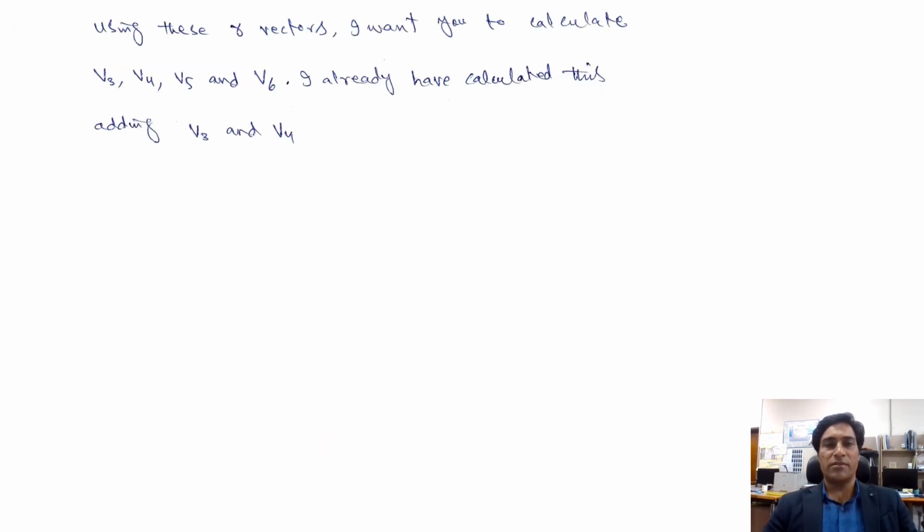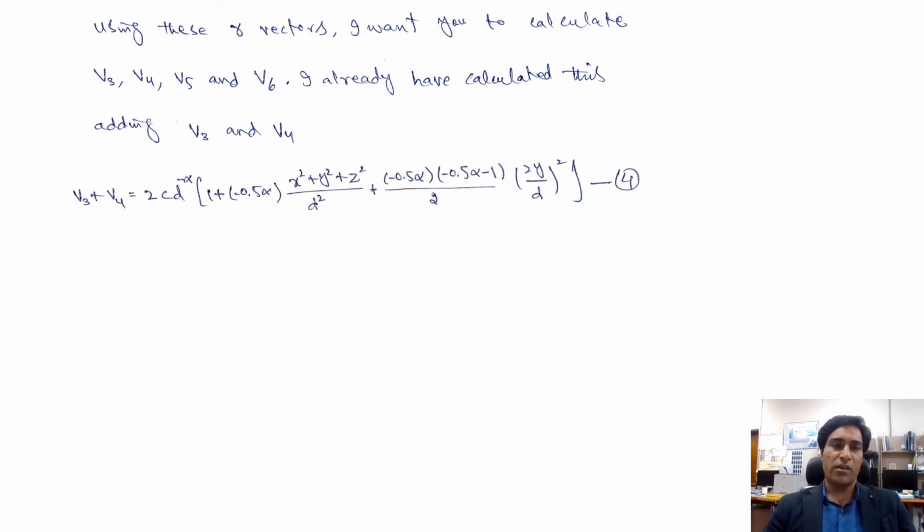Using these r vectors, I want you to calculate the V3, V4, V5 and V6. To save time, I already have calculated these, and I will just add V3 and V4. So by adding V3 and V4 and after simplification, we will get 2cd minus a into 1 plus minus 0.5a into x square plus y square plus z square over d square plus minus 0.5a into minus 0.5a minus 1 over 2 into 2y over d whole square.